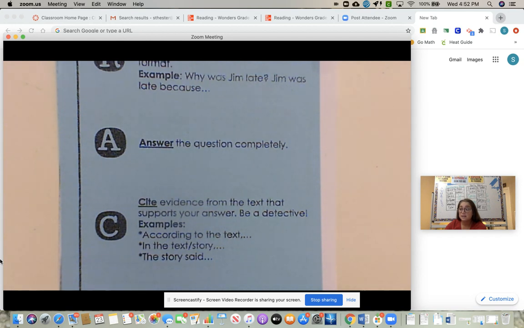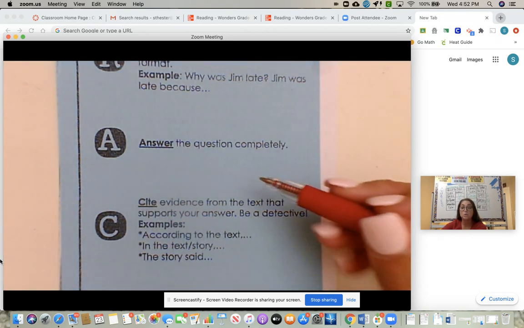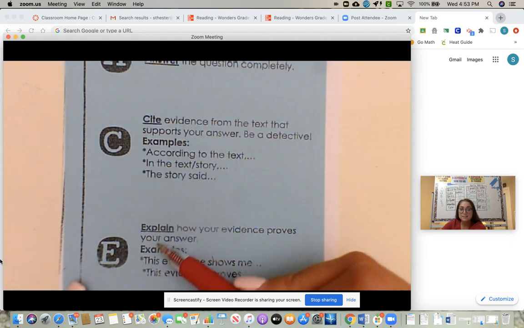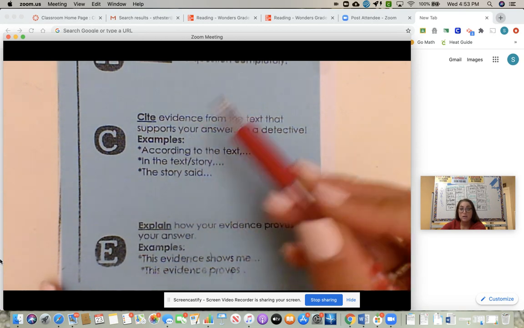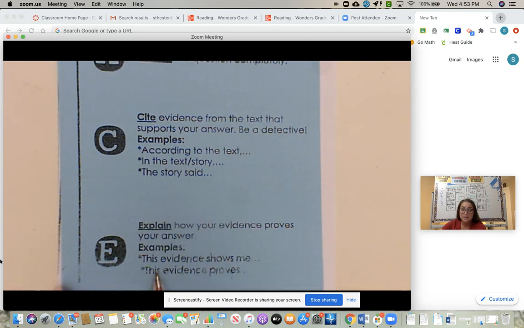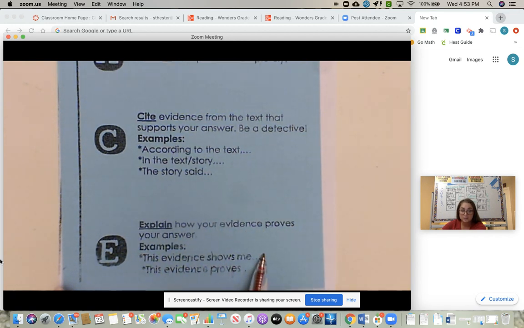I just graded the week 4 race packets, and I would like to give a shout out to, I believe it was Seth and Dylan, who were the only students who correctly cited. So they used quotation marks and pulled a quote straight from the story. And then they explained how that quote answers their question. So after you end your quote, then you say, this evidence shows me blank.